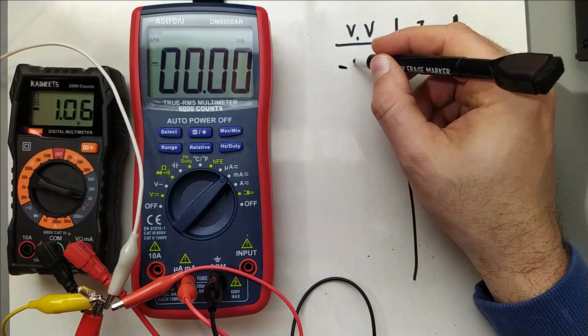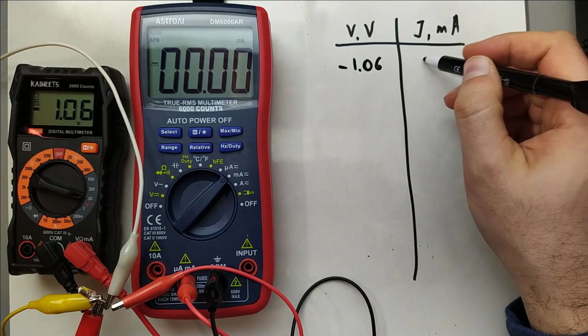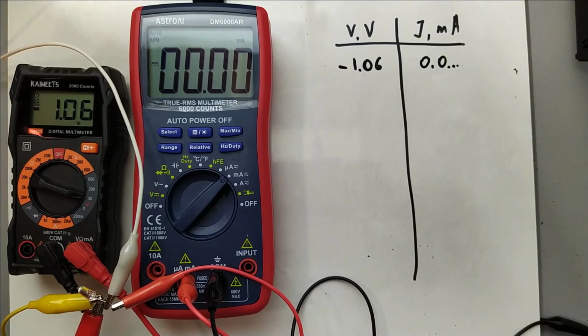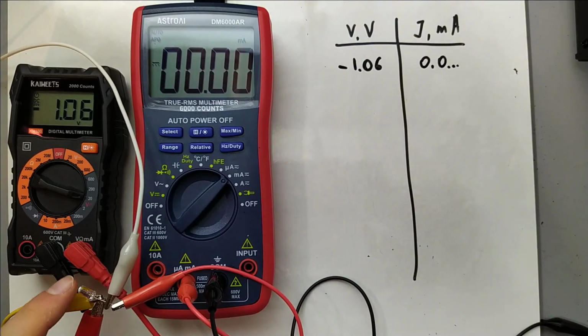Okay, minus 1.06, and there is 0.0 milliampere. So we applied reverse bias minus 1 volt, but there is no current flowing through this LED. So now let us go to minus 2 volts.